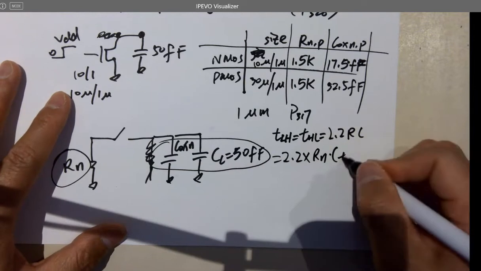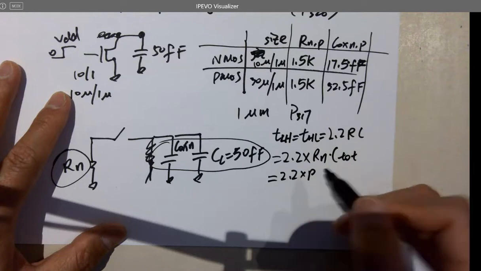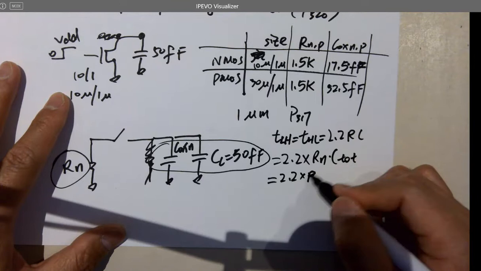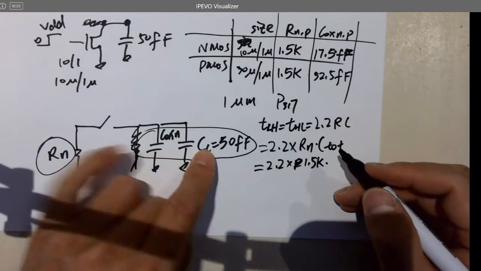So C total equals 2 times Cox, Rn will be 1.5K. So C total is this plus this.